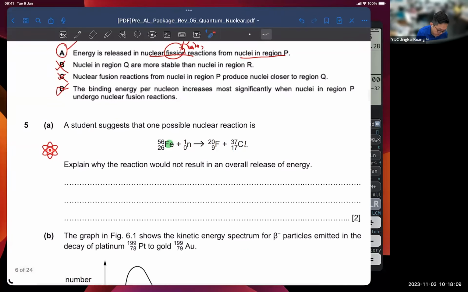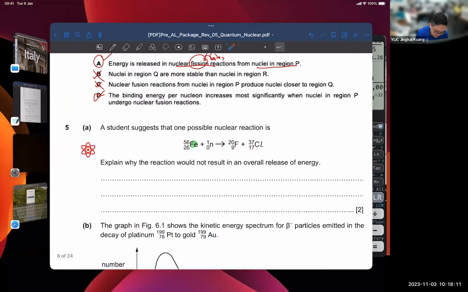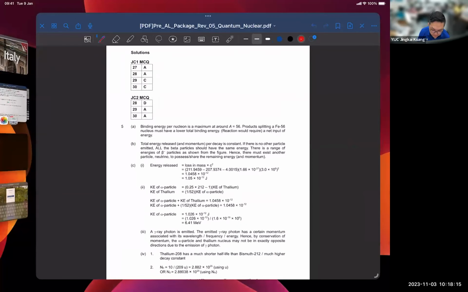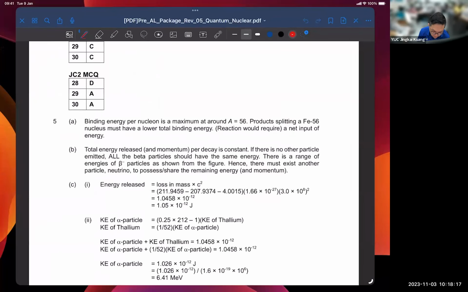Okay, so we look at the answer key for this one. This is talking about the stability part. If you go from iron-56, because iron-56 already has maximum stability, maximum binding energy per nucleon, you fuse it to become bigger or fission it to become smaller, it will drop the binding energy per nucleon, which therefore means that you need to input energy into the system.